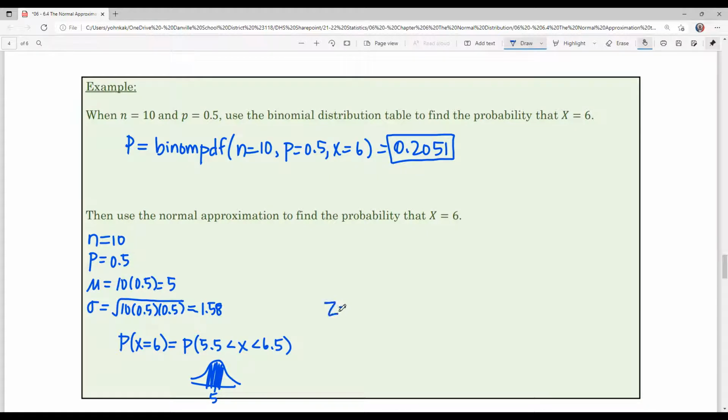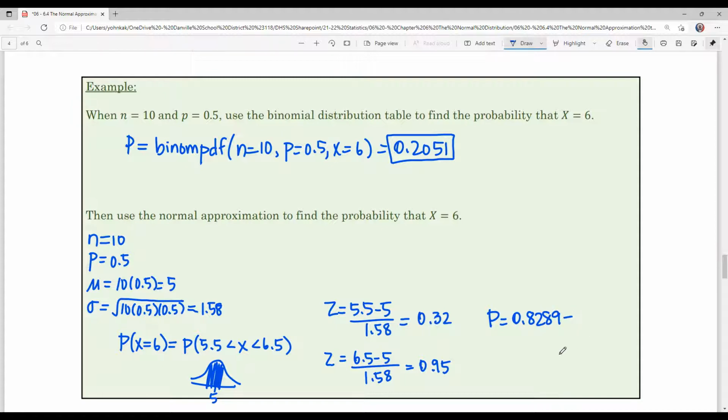So I need two z-scores. One z-score is 5.5 minus 5 over 1.58. That's going to give me a z-score of 0.32. If I find the z-score for the other side, I get 6.5 minus 5 over 1.58. That's going to give me a z-score of 0.95. If I look these values up on the table and do bigger minus smaller, 0.95 on the z-score table is 0.8289.